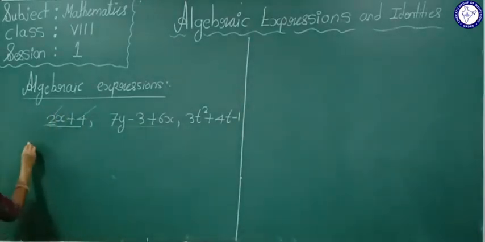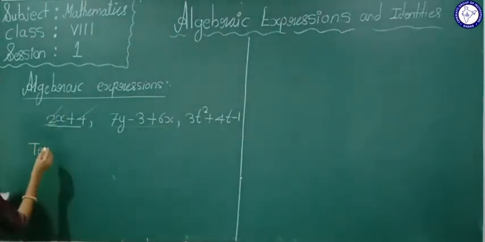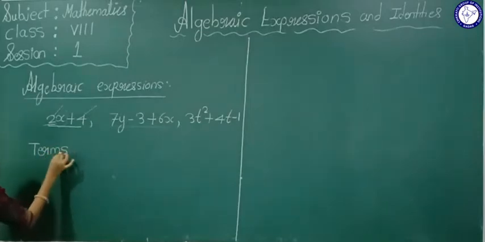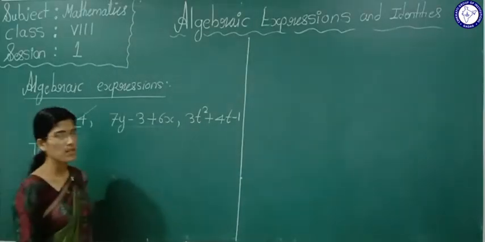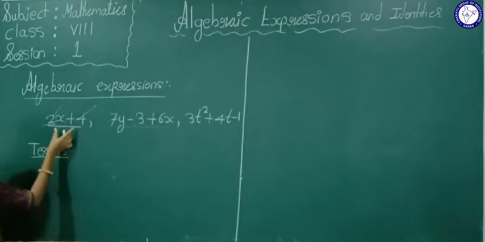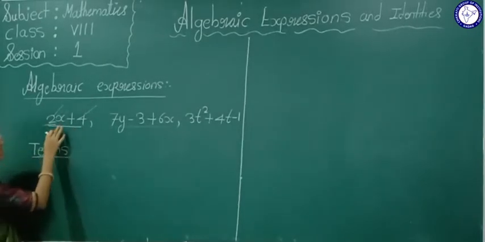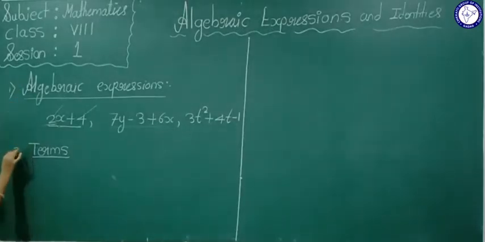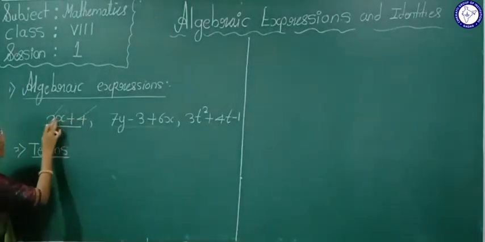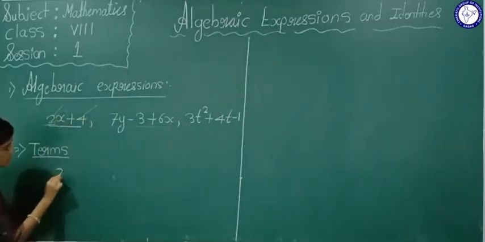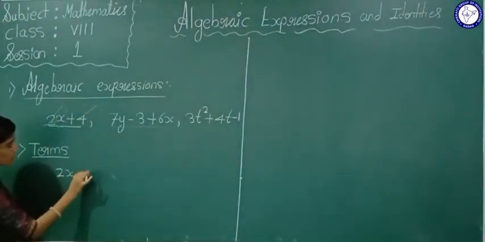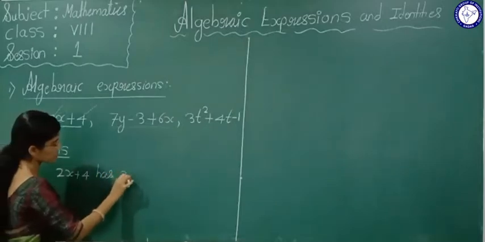Next we see what the terms are. Now this is an algebraic expression. How many terms are there in this algebraic expression? Here 2 terms are there. 2x plus 4 has 2 terms.